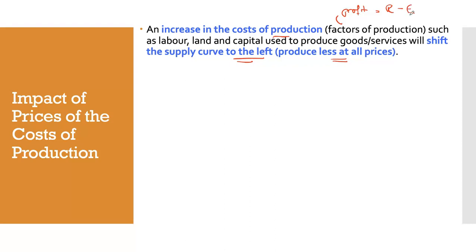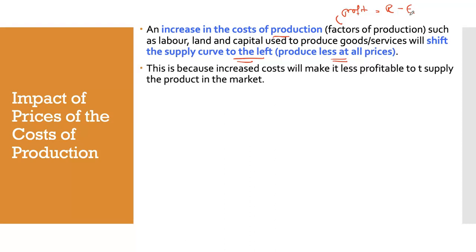And if my costs of production go up, my expenses go up. So for each good, I'm going to make less profit. So I'm not willing to produce as much. This is, as we said, because increased costs will make it less profitable to supply the product in the market.